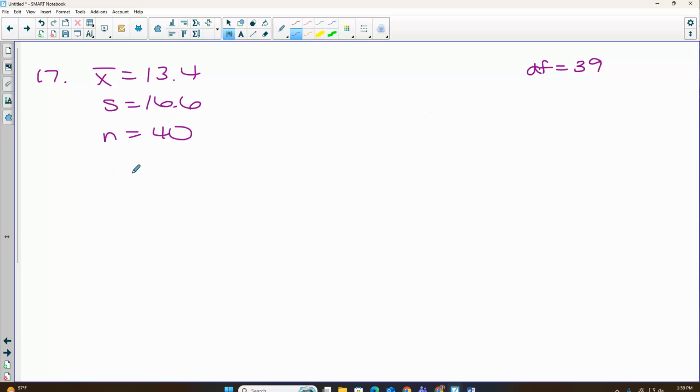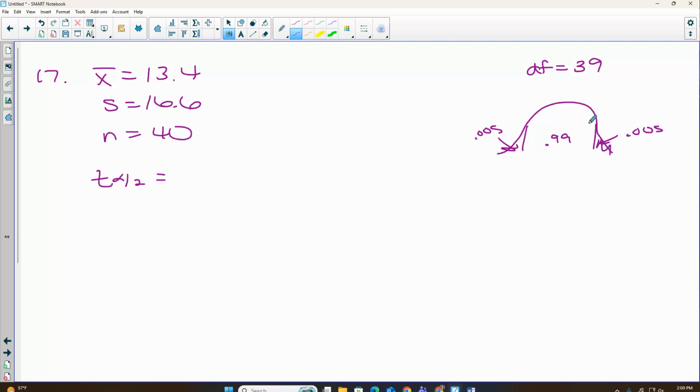We want a 99%. Let's practice reading our t-table. If you want a 99% confidence interval, 99% is in the middle, so how much is left over? 0.005. So you would have to look up the 0.005 and the 39 degrees of freedom.